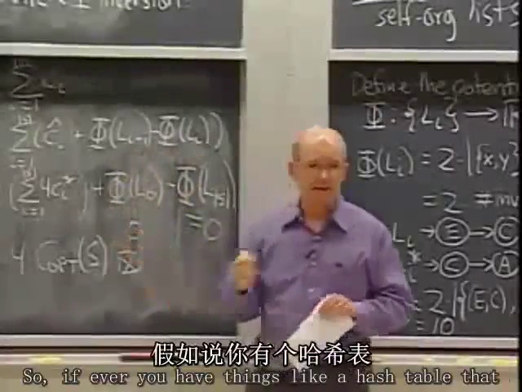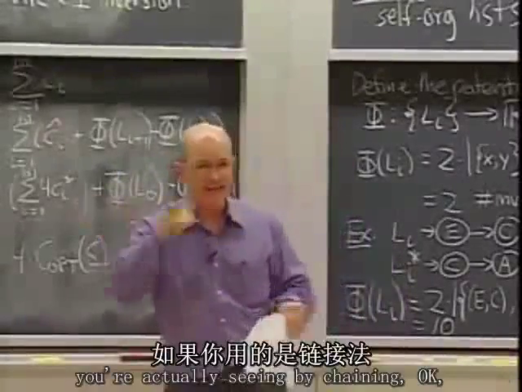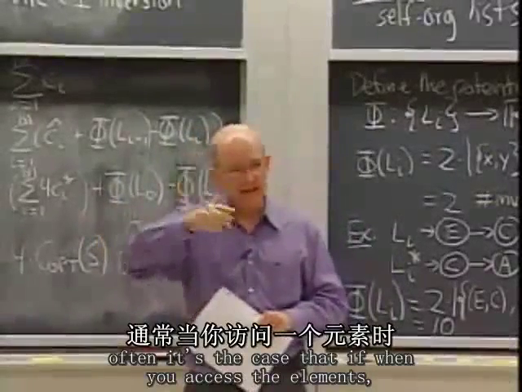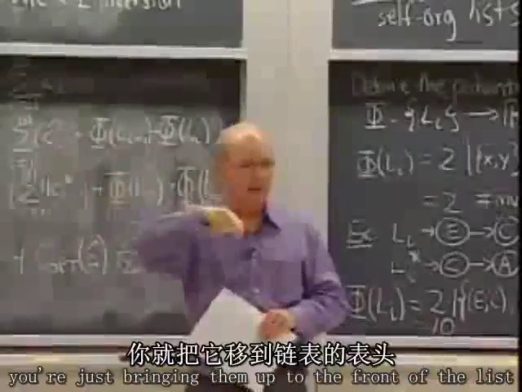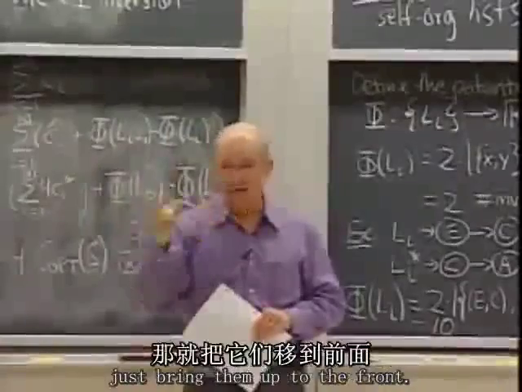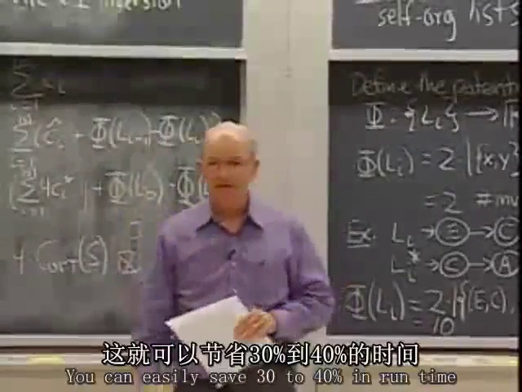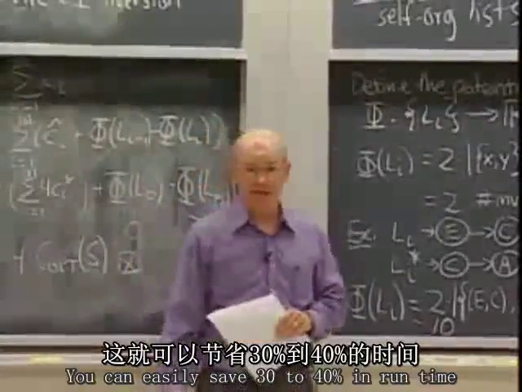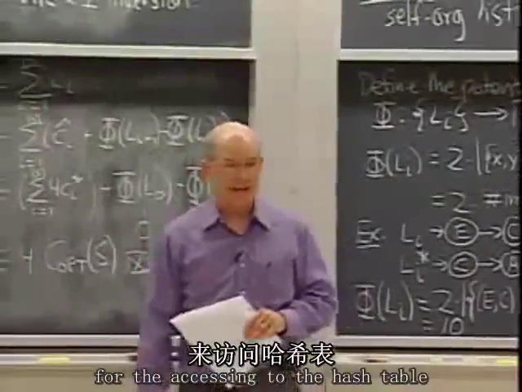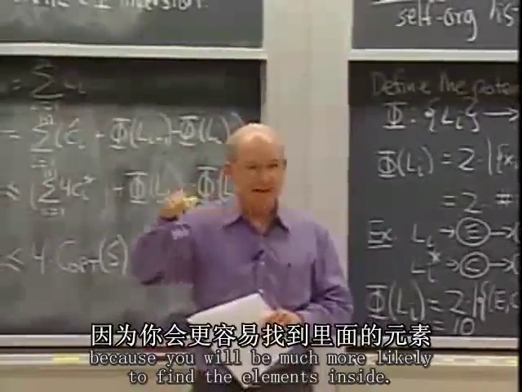So if ever you have things like a hash table that you're accessing by chaining, often it's the case that when you access the elements, you just bring them up to the front of the list. If it's an unsorted list that you've put them into, just bring them up to the front. You can easily save 30–40% in runtime for accessing the hash table, because you'll be much more likely to find the elements inside.